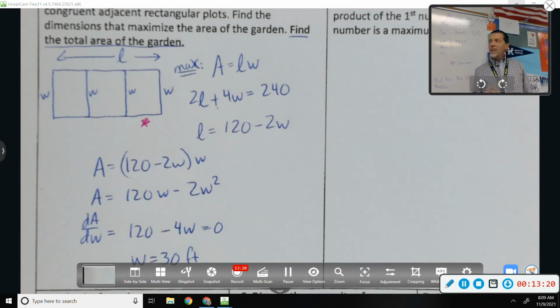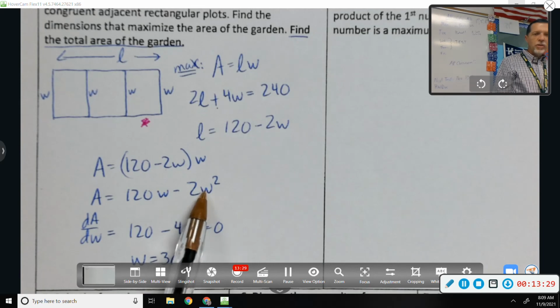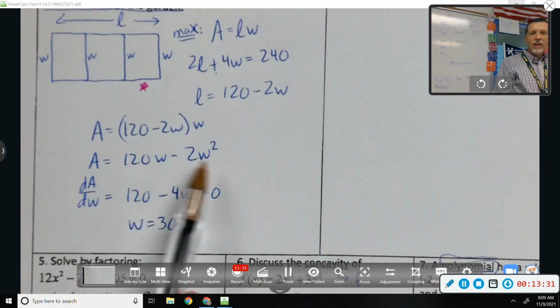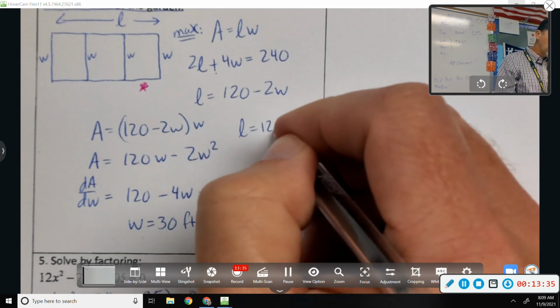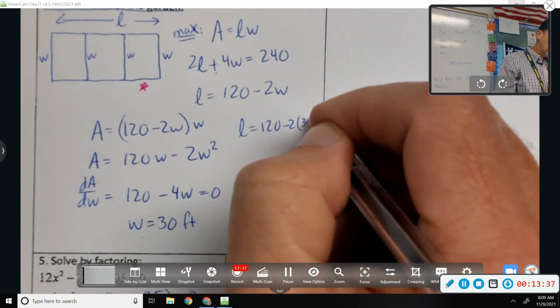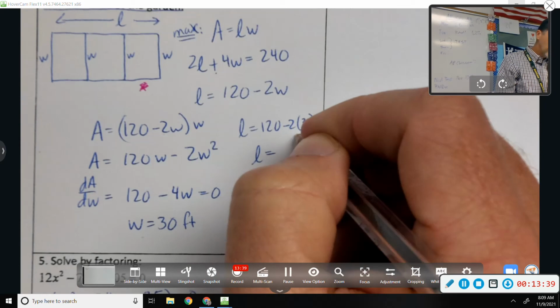But the last step is always to make sure I'm answering the right question: find the total area of the garden. I have an equation that just has W in it, so I could plug 30 in for that. Most people, though, come back to the beginning of the problem and figure out everything, which is fine.